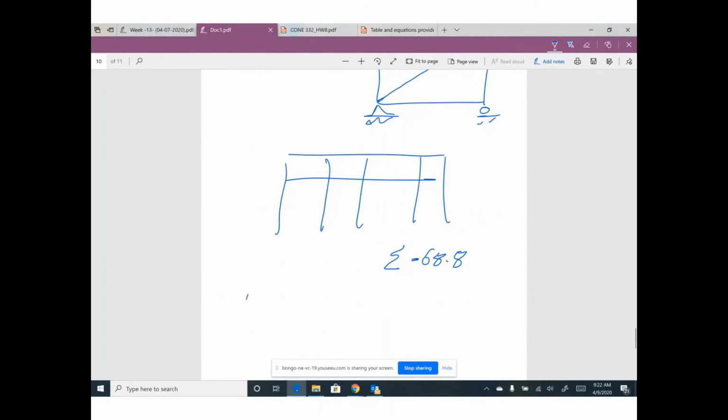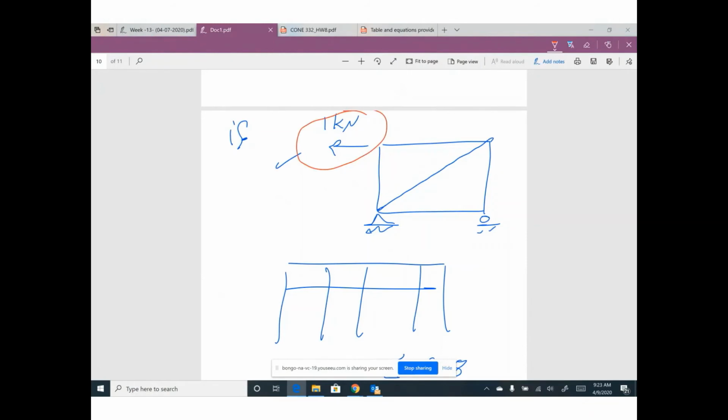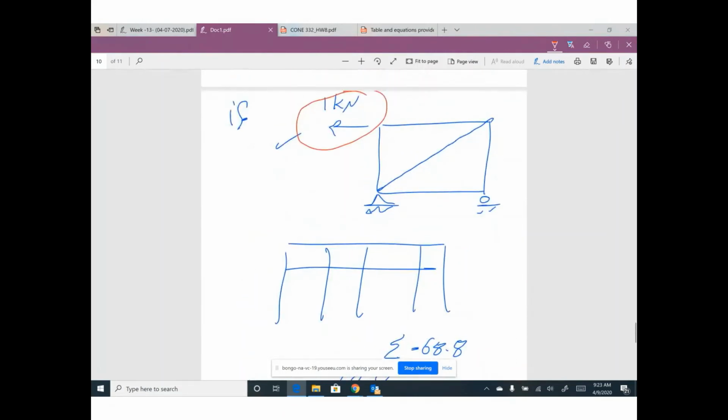That means your delta horizontal at D will be negative 68.8 divided by AE. What does it mean of negative? Means you assume the wrong direction. So this point will move to the opposite direction, to right. You got it?